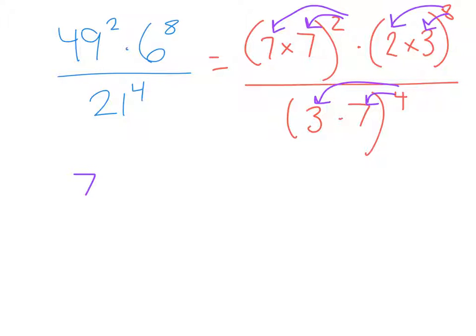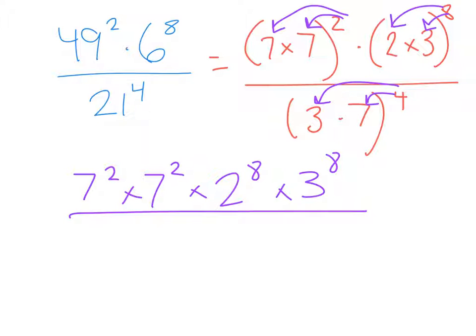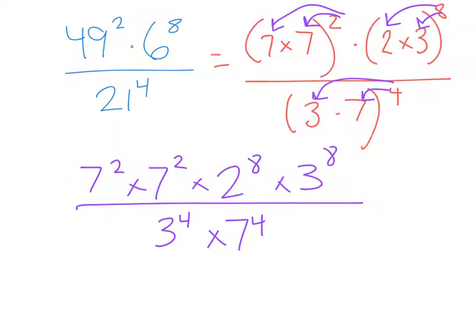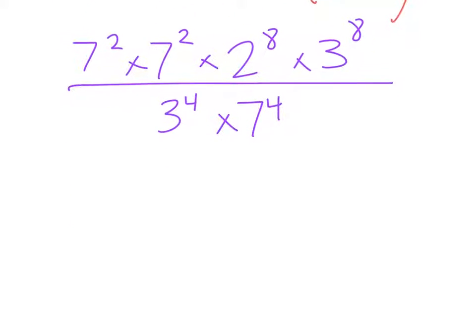So I'm going to rewrite it as 7 squared times 7 squared times 2 to the 8th times 3 to the 8th, all over 3 to the 4th times 7 to the 4th. Okay, that's my power rule. That's me taking an exponent that's outside the parentheses, bringing it in through the distributive property.